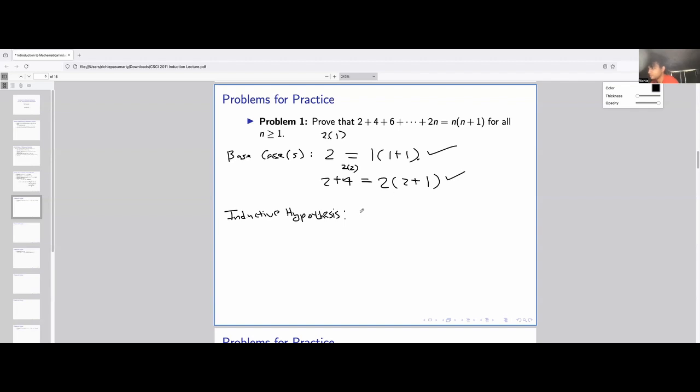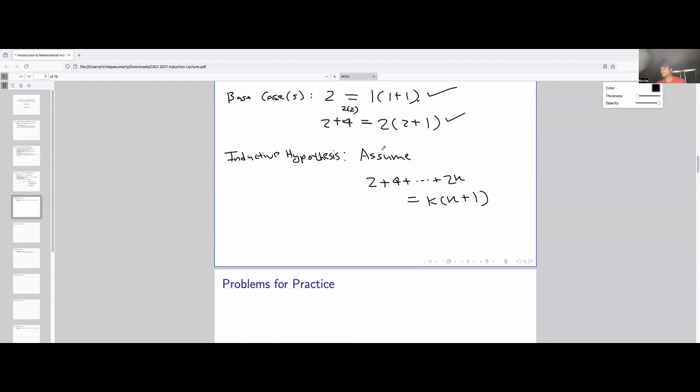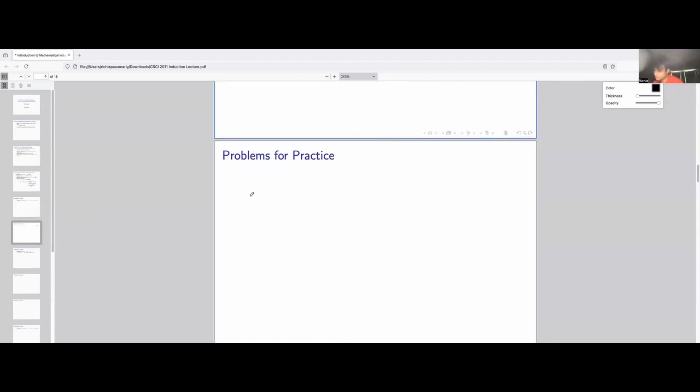So I'll just say assume it works for k. Okay, so based on this, I want to show that it works for k plus 1. And then if I can do that, basically we've proven this entire statement. Okay, so let's go ahead and do that.